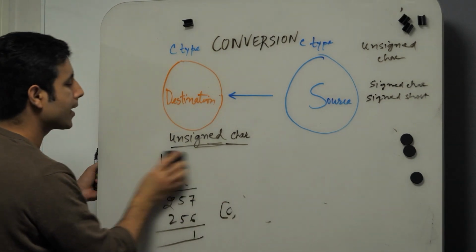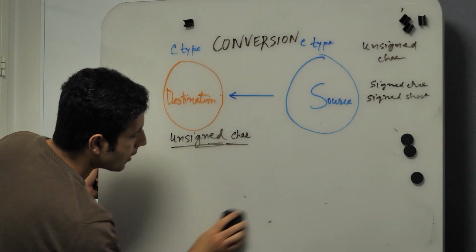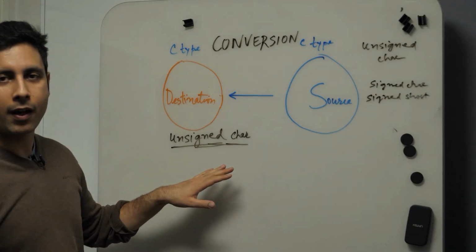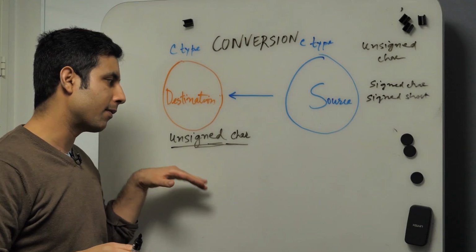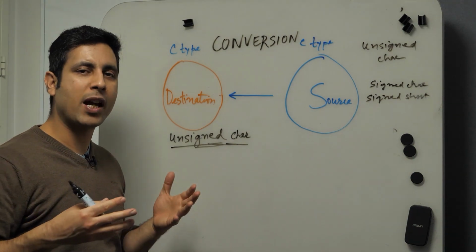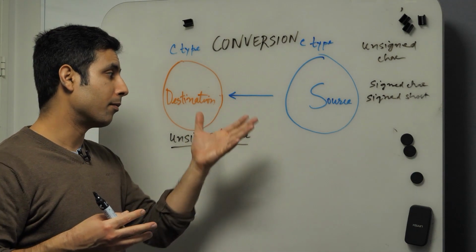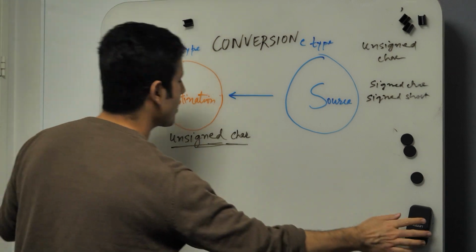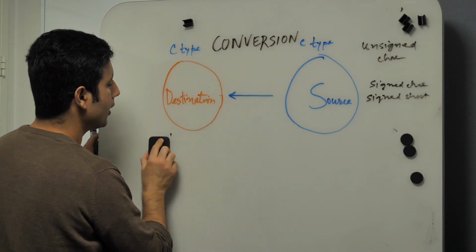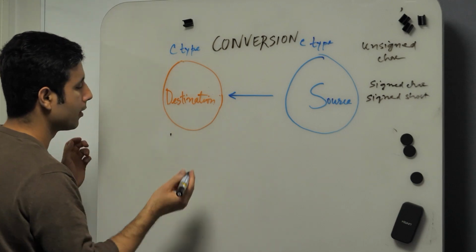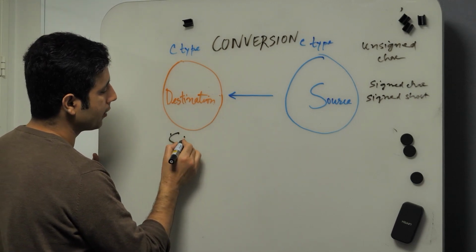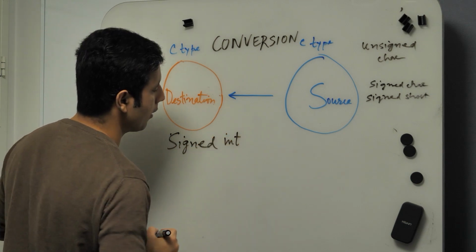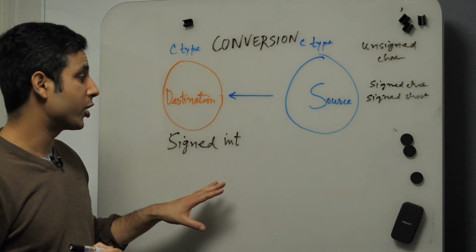So as long as the destination is an unsigned integer, everything is defined. It's defined, the values might be unexpected, but they are defined in the standard. But as soon as your destination integer is changed to signed integer, then things can be implementation defined.